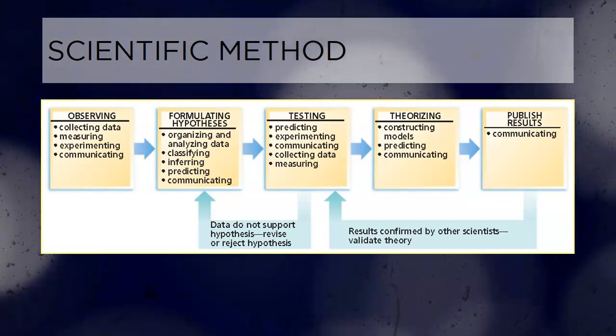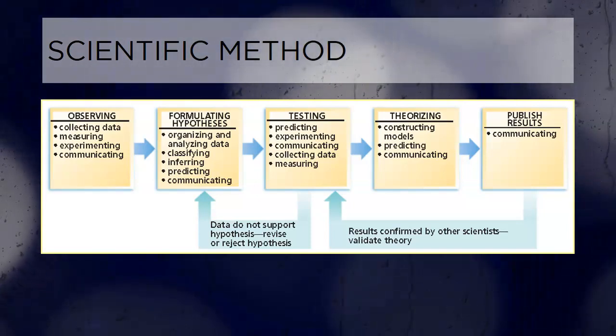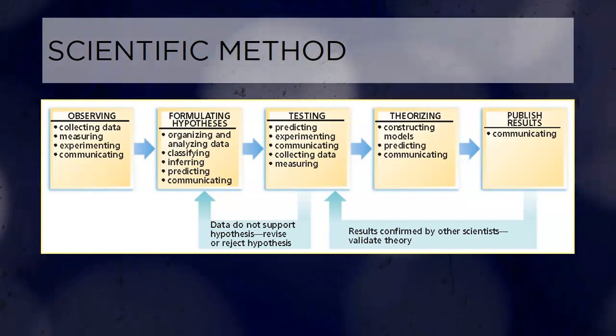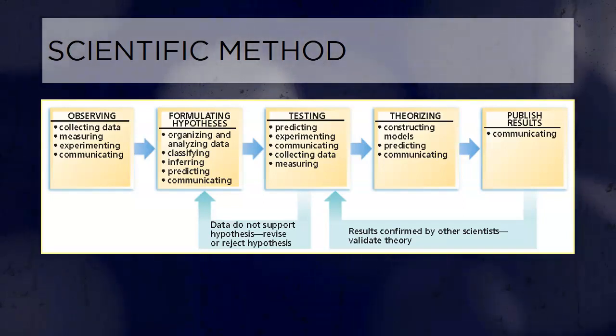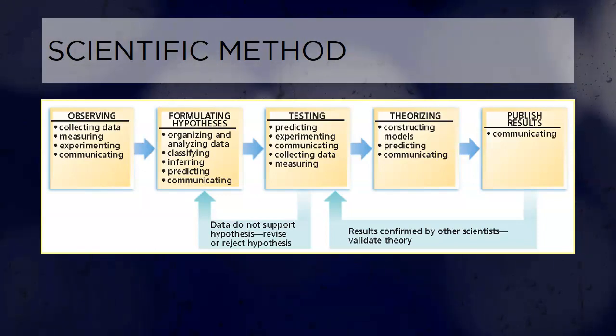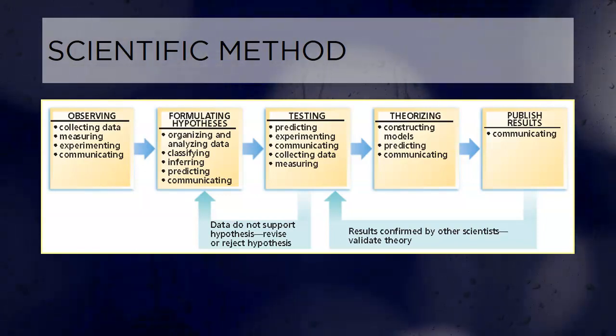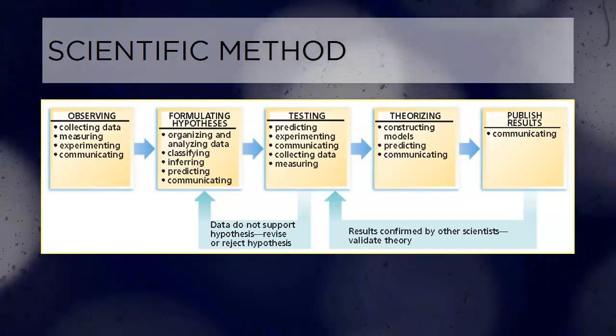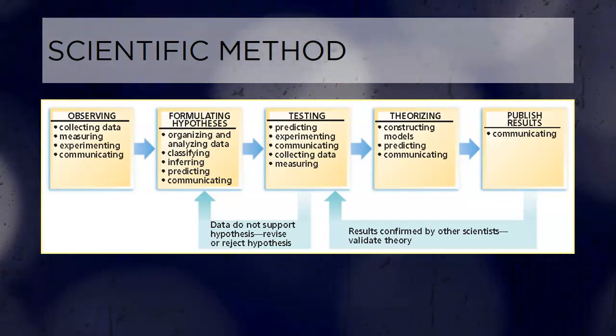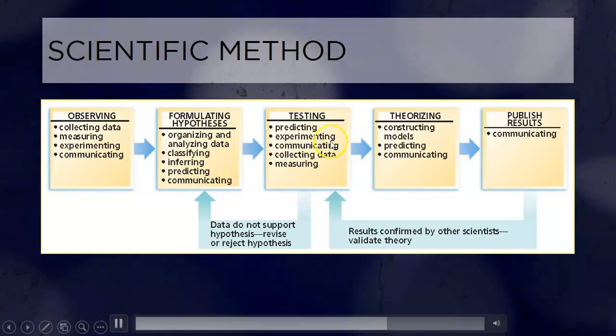And then once you've made some observations, you come up with a hypothesis, which, again, involves some inferring, predicting, classifying. It could be wrong, but once we come up with a hypothesis, we're going to test it. So my test will involve experiments, collecting data, measuring things.